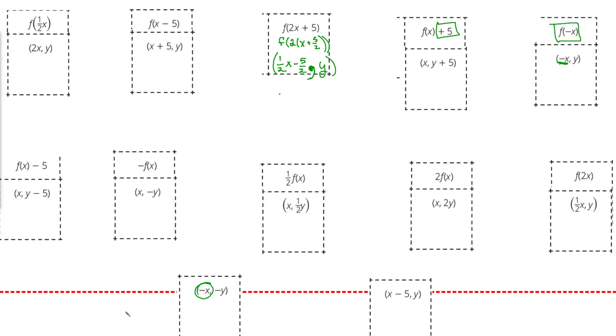So the inside needs to be negative. Then we need to get a negative Y. So how do I get the negative Y? Here's a negative Y. Is it outside of parentheses? Negative one. So this is the function that would create this one.